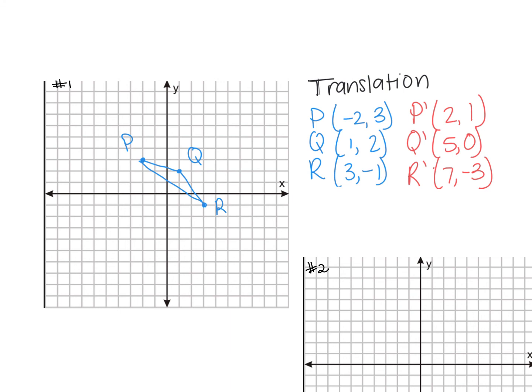Your test will not be in color, so I need you guys to make sure that you're labeling them correctly, using that apostrophe if you have to. Here's my Q. And then here is my new R. So it should look something similar to that.